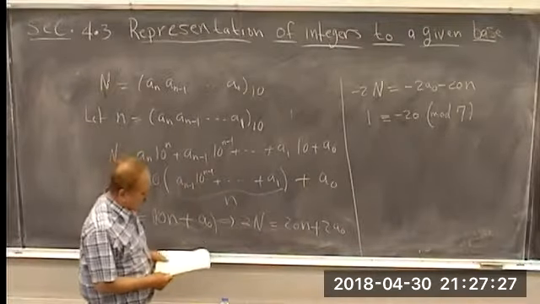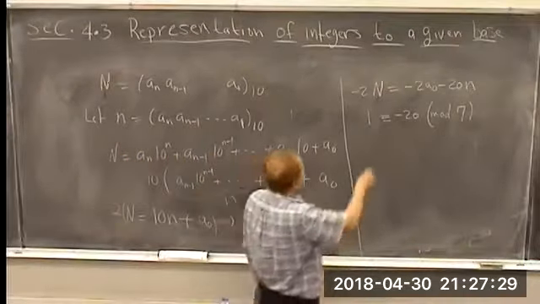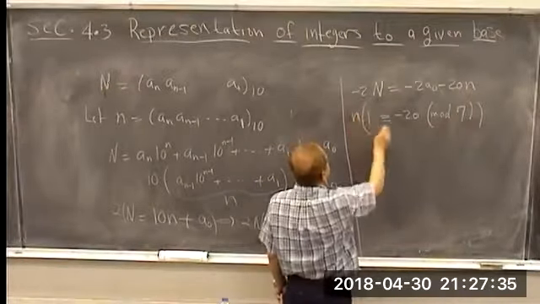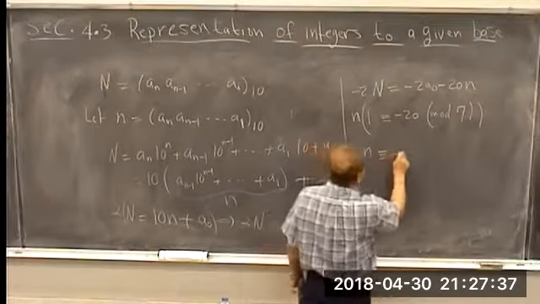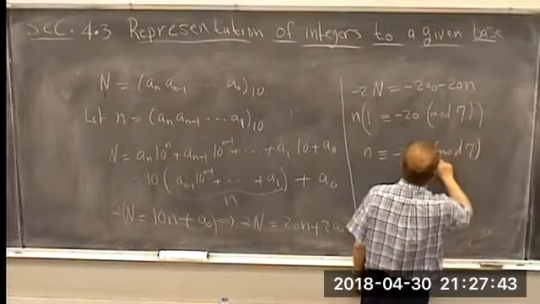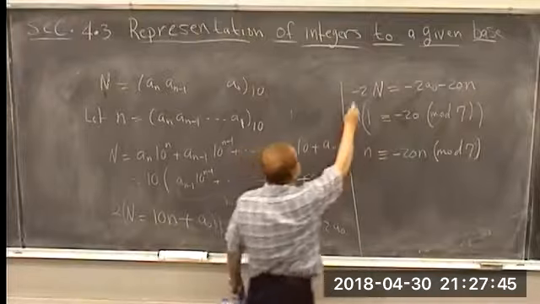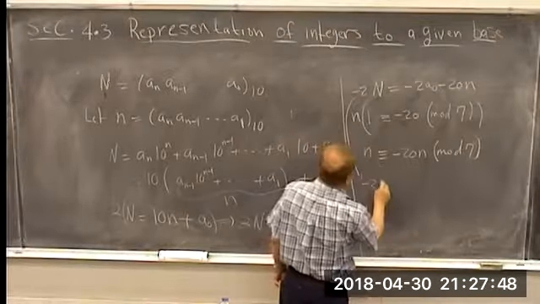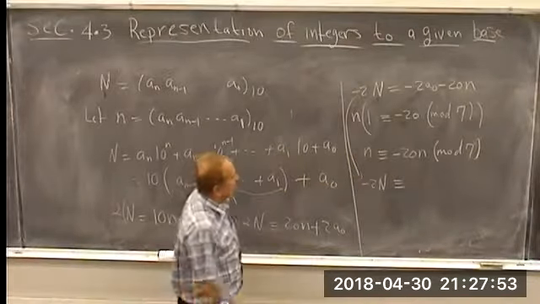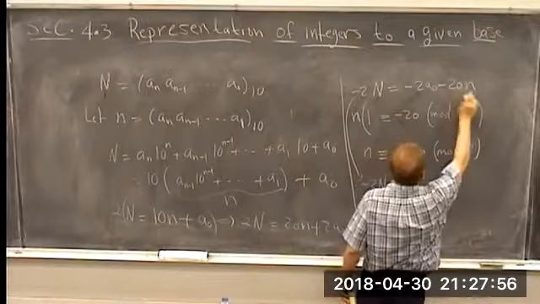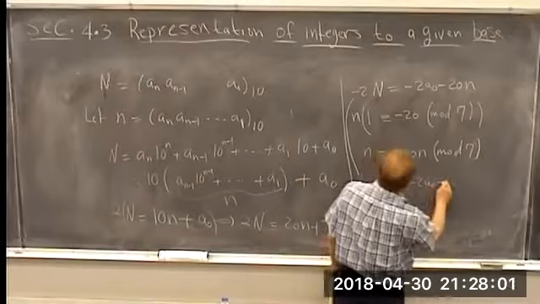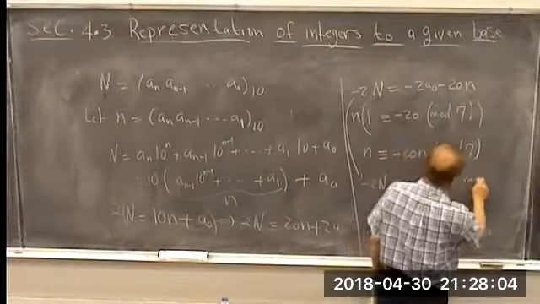Now I'm going to multiply this congruence by n. We get n is congruent to minus 20n mod 7. So I can replace in this negative 2n, we're going to make it a congruence now. We're going to replace the negative 20n by just n. So this becomes negative 2a_0 minus n mod 7.